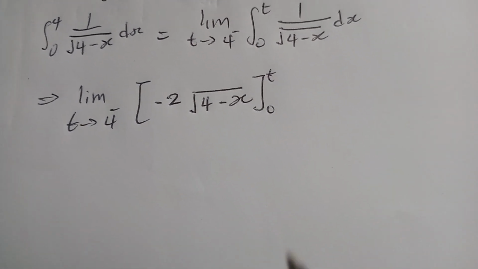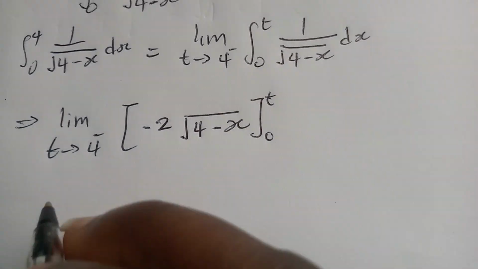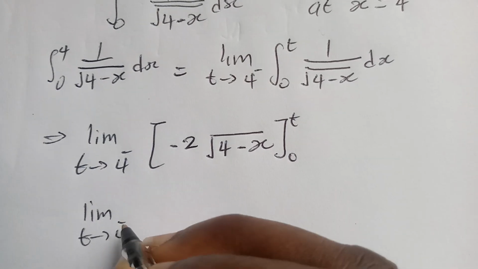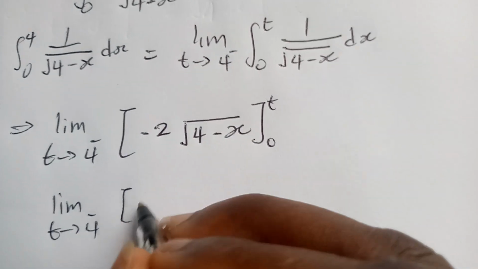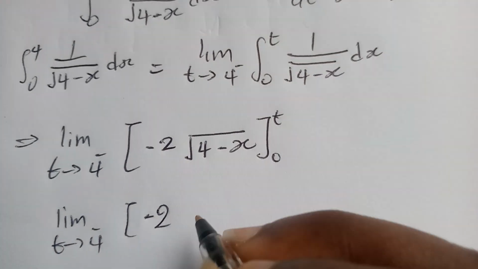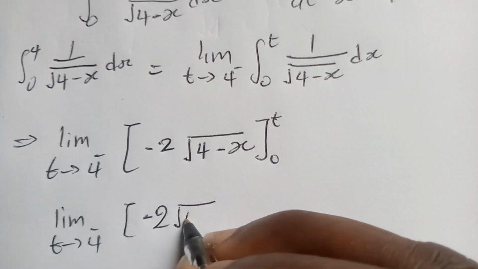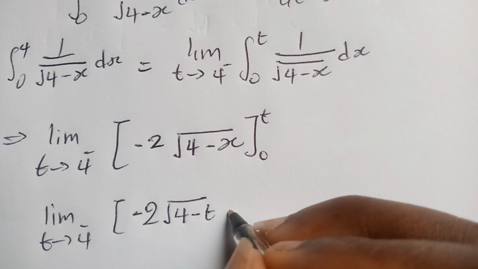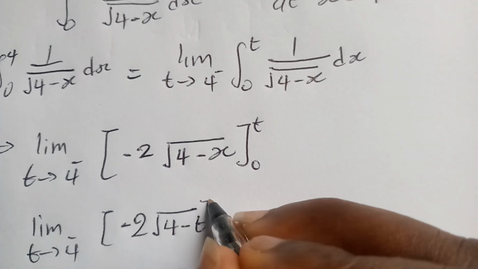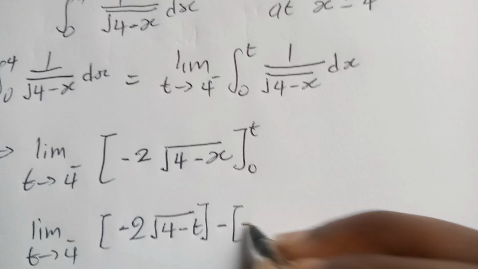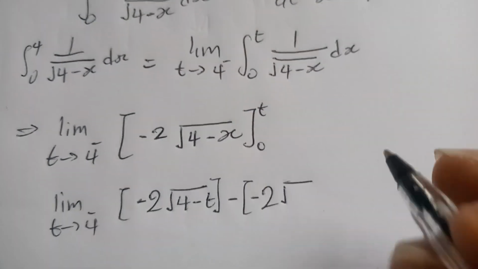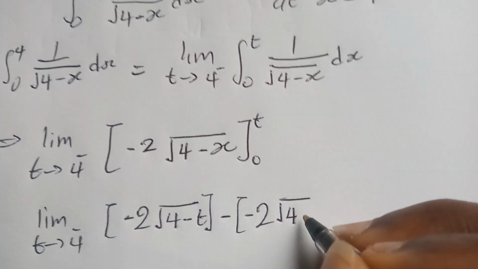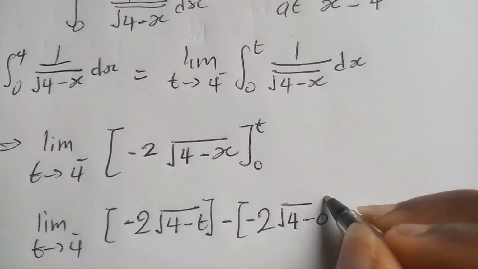By doing the substitution, we have the limit as t approaching 4 from the negative of negative 2 square root of 4 minus t, minus, so this is one term, then minus negative 2 square root of 4 minus 0.